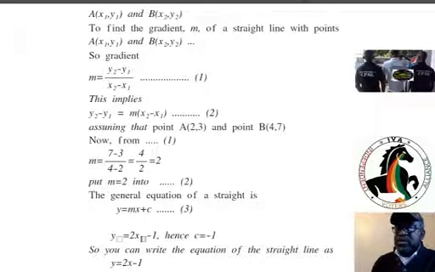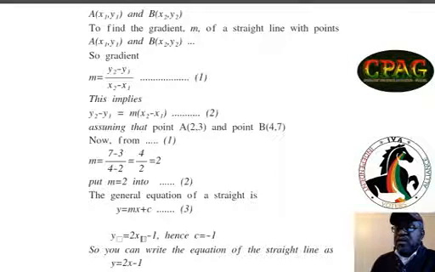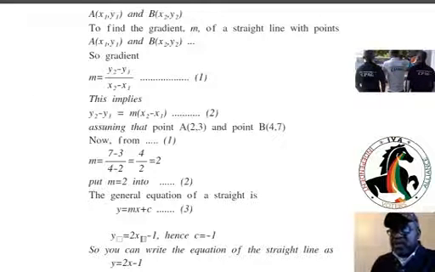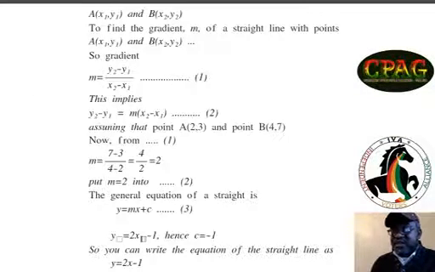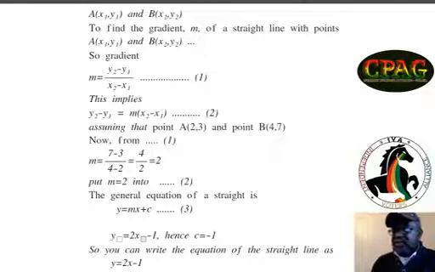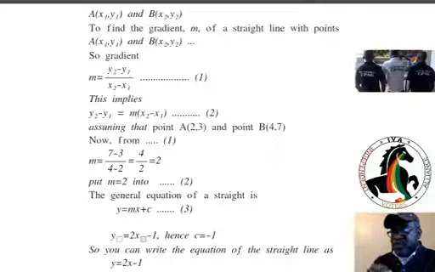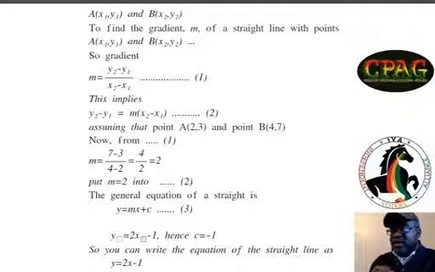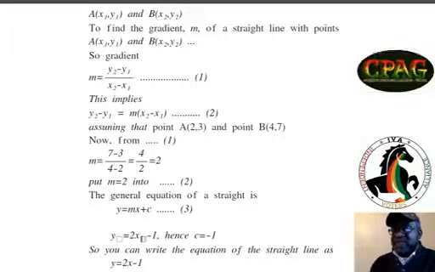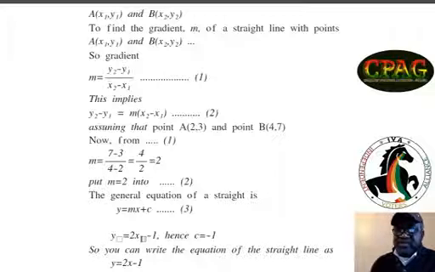If you use y1 minus y2, then the denominator has to be x1 minus x2. If the numerator starts with y1 minus y2, then the denominator has to start with x1 minus x2, and vice versa.